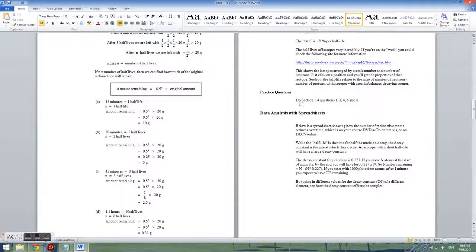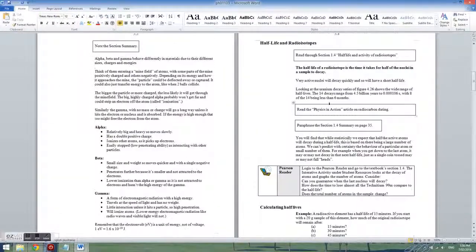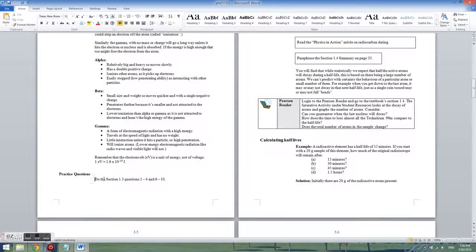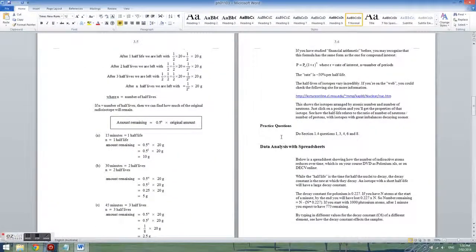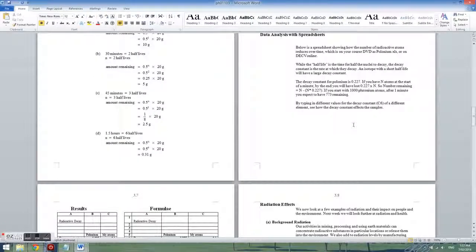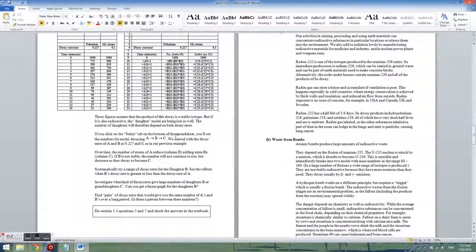Then you have to do your 1.4 practice questions. And also don't forget to do your textbook chapter 1.3 questions. Also 1.4. Do those questions. Then there's a data analysis book.